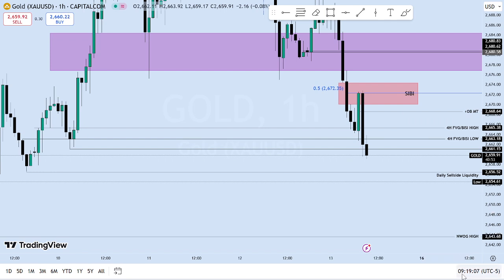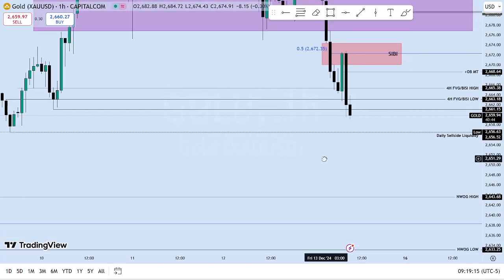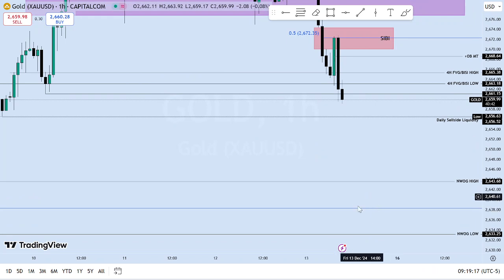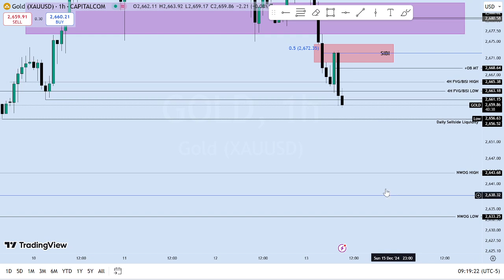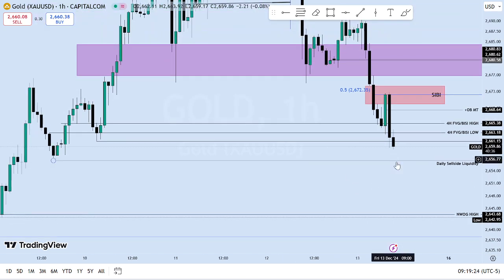Going into 9:30, the opening price of the index market, then 10 to 11 macro movement. So we like to see price delivering inside this new week opening gap, taking out this daily sell side liquidity.